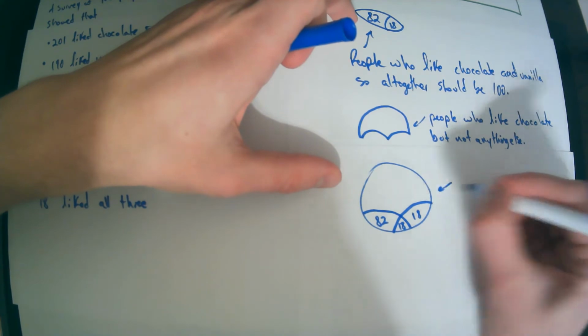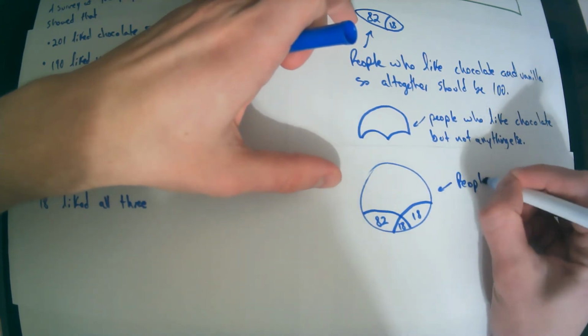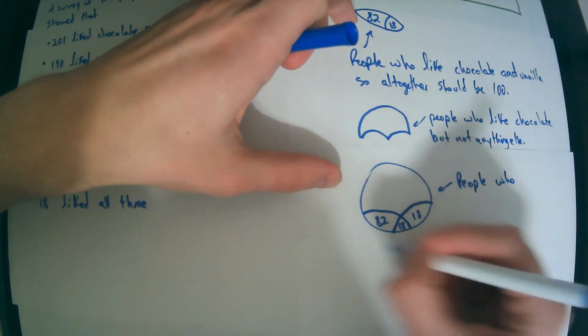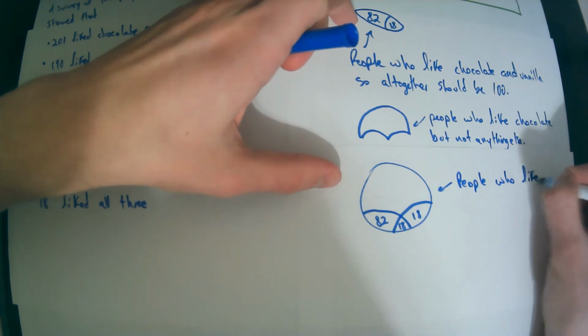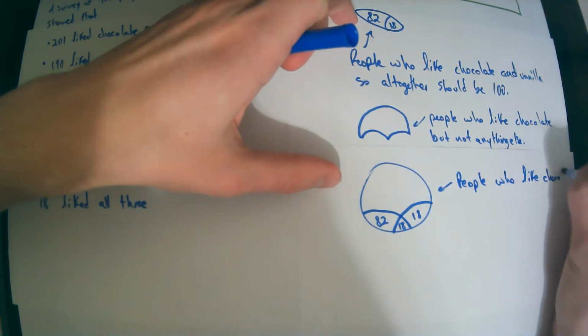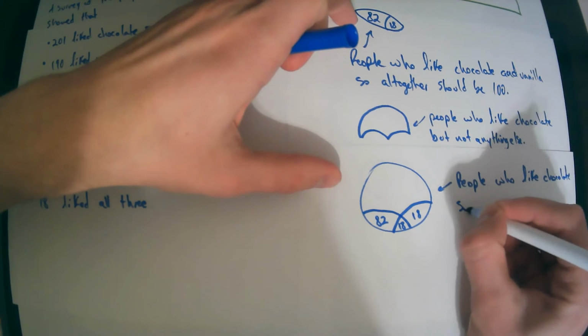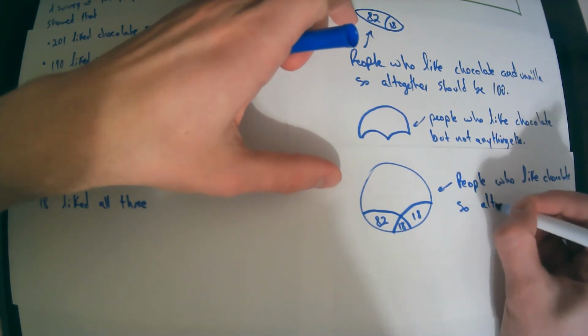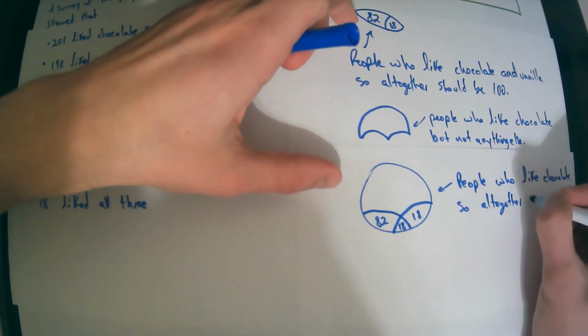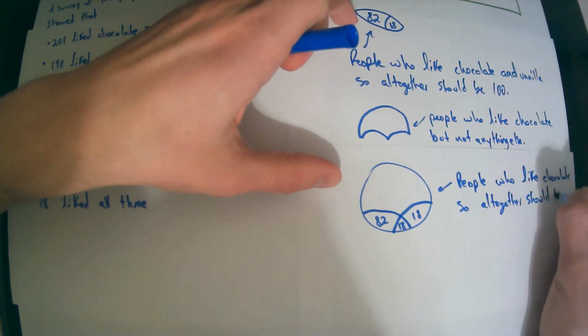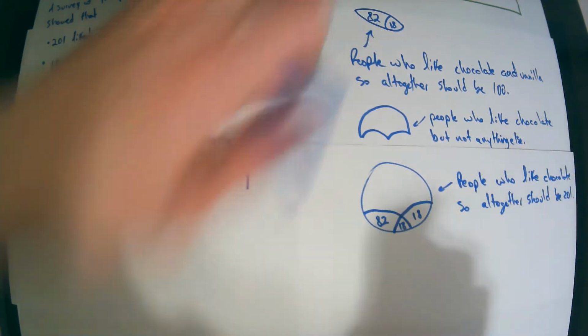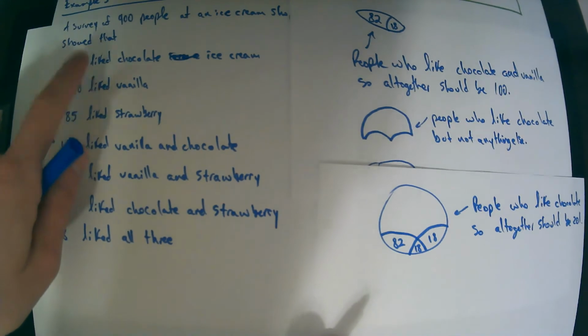So altogether, this is people who like chocolate, right? So altogether it should be 201, that data point that we have back here.